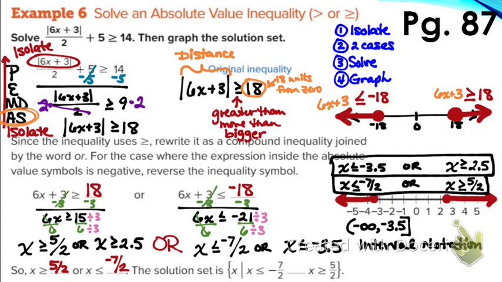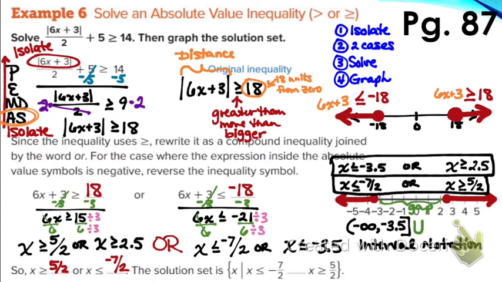What happens after negative 3.5? What happens right after that? Is it shaded here? We have to go all the way over to the other one, but I have to explain to whoever's reading my interval notation that there's this gap here. Do you guys remember what symbol I can use to indicate that there's a gap or a spot that's not shaded? A U. We're going to use a U for union.